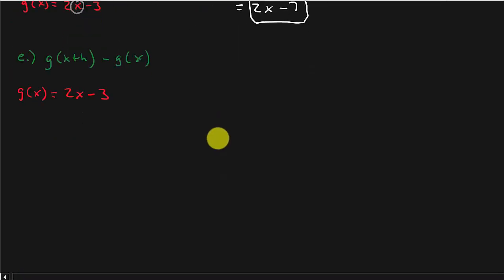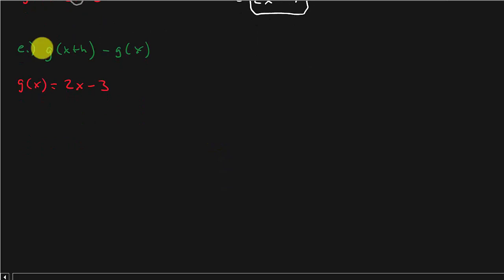So let's look at this one first. I'm going to take the x plus h and I'm going to plug it in for x. So that's going to be 2 times, and then in the place of x, I'm going to put x plus h, and then minus 3. So that's this part.